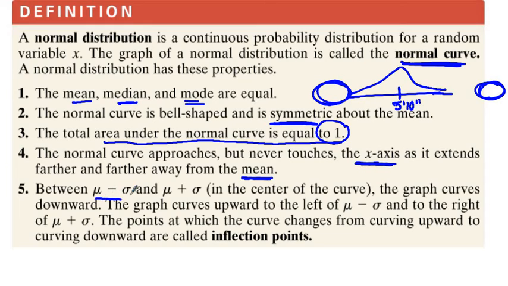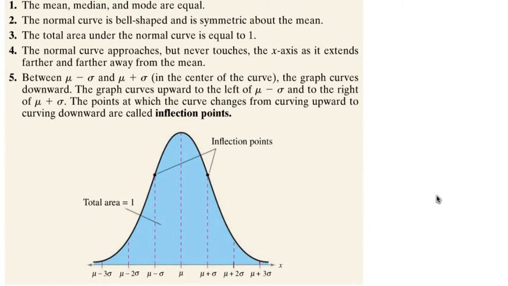And then this stuff right here just talks about the direction that the curve is going, and these are called inflection points. That curve or that break occurs right at 1 standard deviation away from the mean. The technical name for that is inflection points. You study those in calculus, but you don't need to know calculus to understand this. Here's the picture. They're showing you the inflection points. This inflection point occurs right there, and you can see the mean is there.